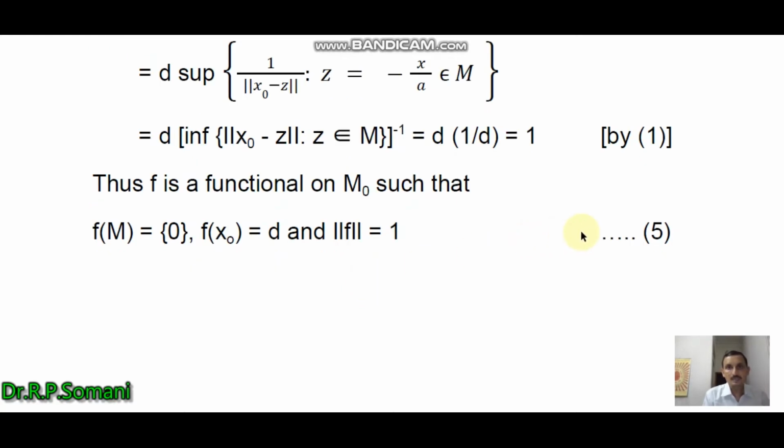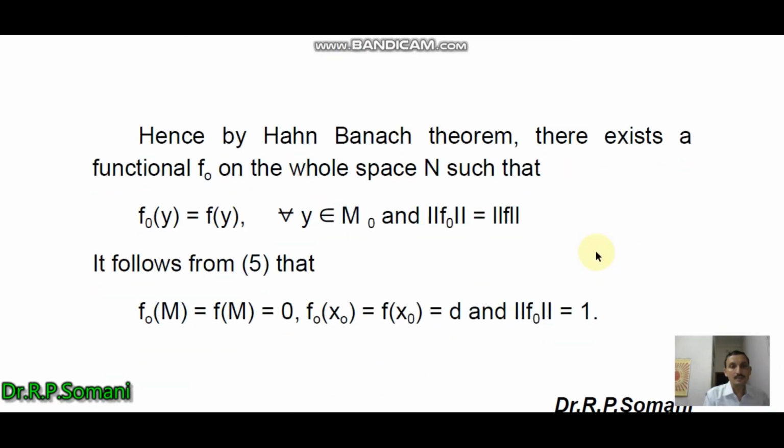So this we denote as equation number 5. Thus f is a functional on M0 such that f(M) equal to 0, f(x0) equal to d, and norm f equal to 1. So now we apply the Hahn-Banach theorem. Hence by the Hahn-Banach theorem, there exists a functional f0 on the whole space N such that f0(y) equal to f(y) for all y belonging to M0, and norm of f0 equal to norm of f.